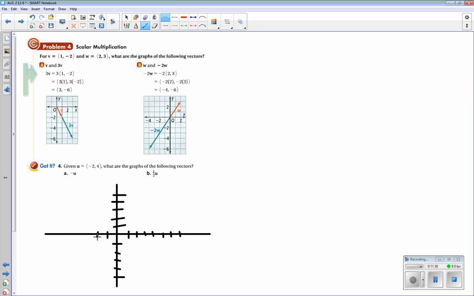All right. So in problem A, we are going to take our u and we're going to multiply it by negative 1. So to draw this vector, we're going to start at the origin and go over 2, down 4.